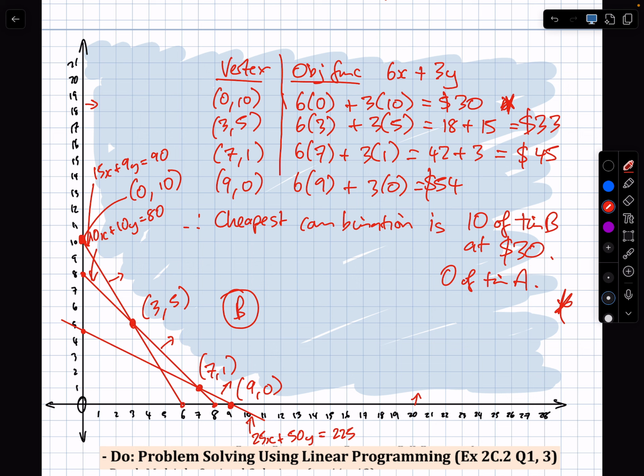There's multiple ways that you could say it and still be correct. Like you could say the minimum will occur when I buy 10 tins of B, no tins of A, and that's going to cost 30. It's really, as long as you mention the cost and you mention what combo is the minimum, that you're fine.